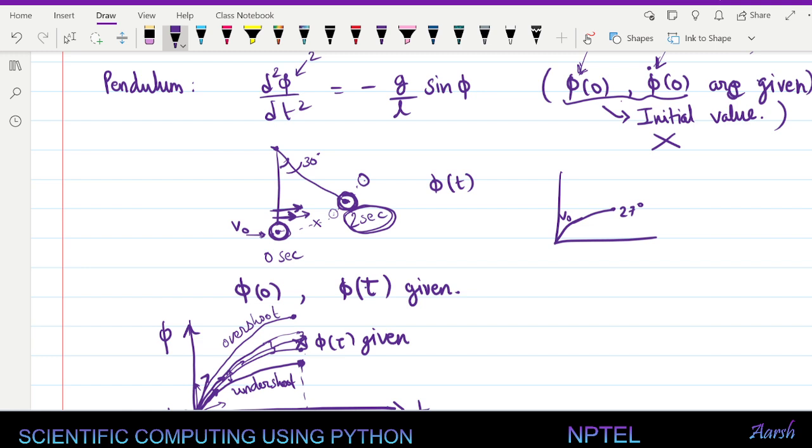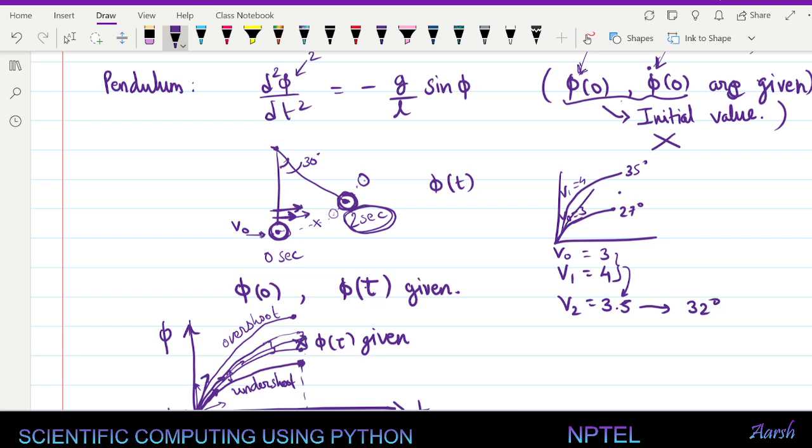So now you say that maybe v0 was 3, so v1 will be 4, and v1 is 4, and that gave you 35 degrees. But you wanted it to be 30 degrees. So v0 was 3 and v1 was 4, so your v2 will be the average of these two if you are doing bisection: 3.5.